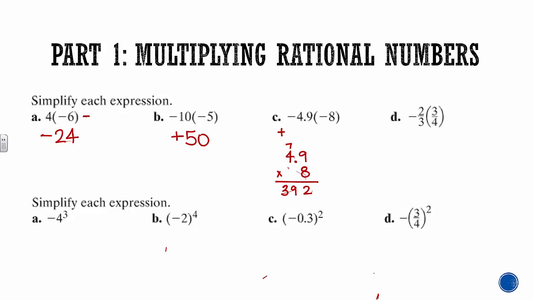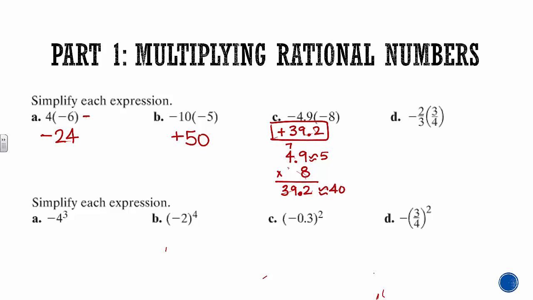And we just figure out how many decimals there are in our product. So there's only one. There's got to be 1 in our answer. And make sure this makes sense. This is almost 5, and 8 times 5 we know is 40, almost 40. So our answer is going to be positive 39.2.